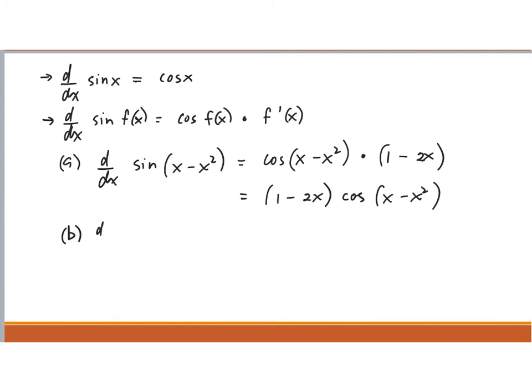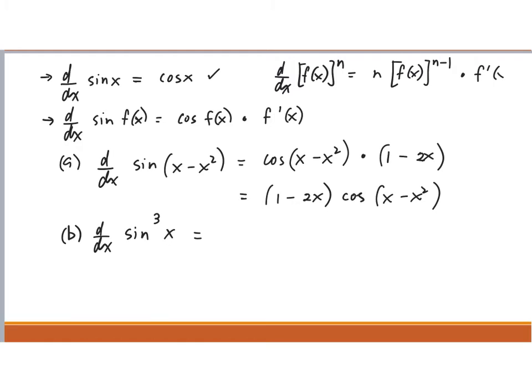But let's say that you want to get the derivative of sine cubed x. Now for this function, we will need a combination of this rule and the chain rule for powers, the one that said d/dx of f of x to the power of n is equal to n times f of x to the power of n minus 1 times f prime of x.